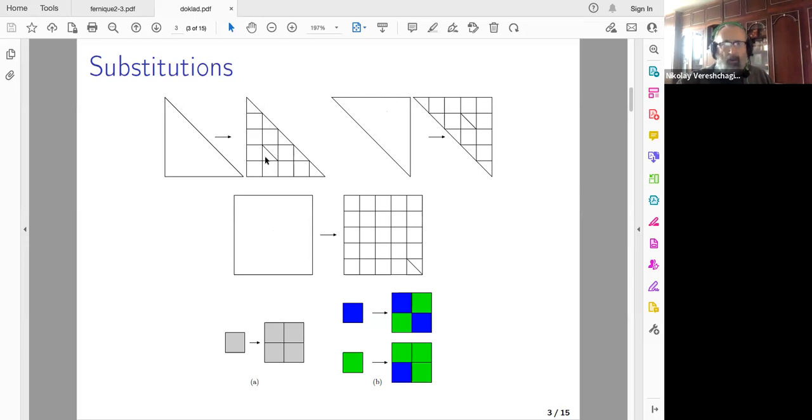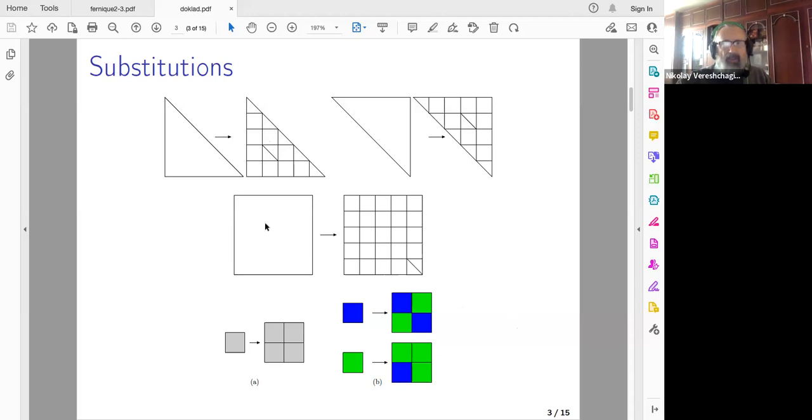And all the parts obtained by this cut have the shape of the original tiles. So that means that each polygon from our set S is cut into polygons from the same set, say S over 5 in this case. So this is one of the substitutions.